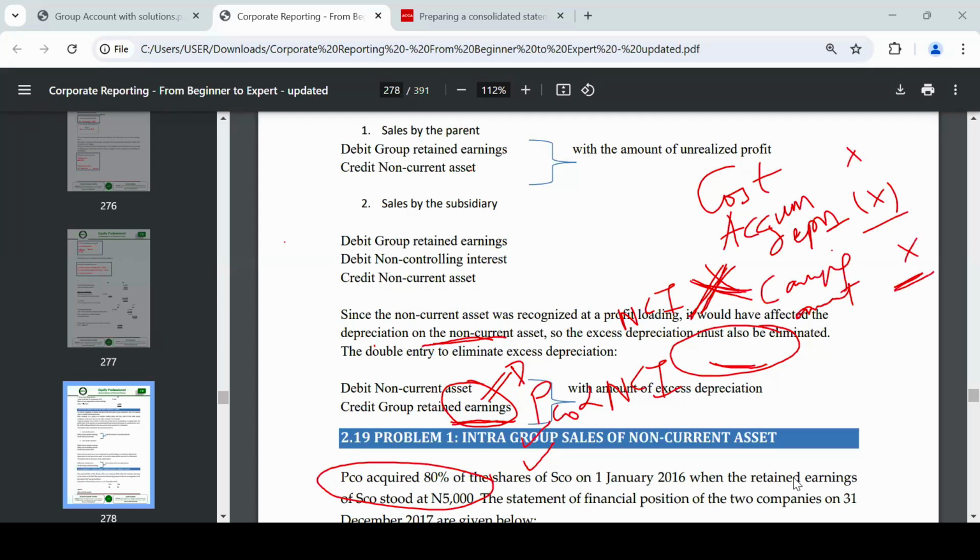Okay. Now, what we received for disposal, we are going to take the carrying amount away from it to determine whether we have made a profit or loss on disposal. Abi?